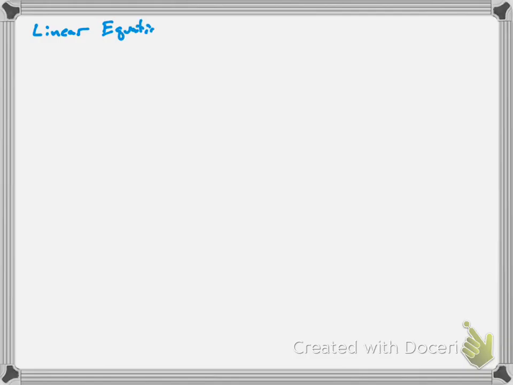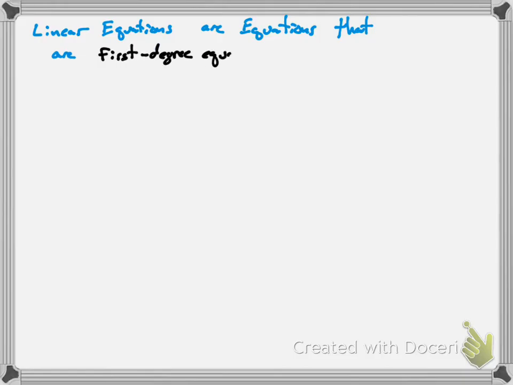Okay, so linear equations are equations that are first degree equations. That means that the highest exponent is 1.